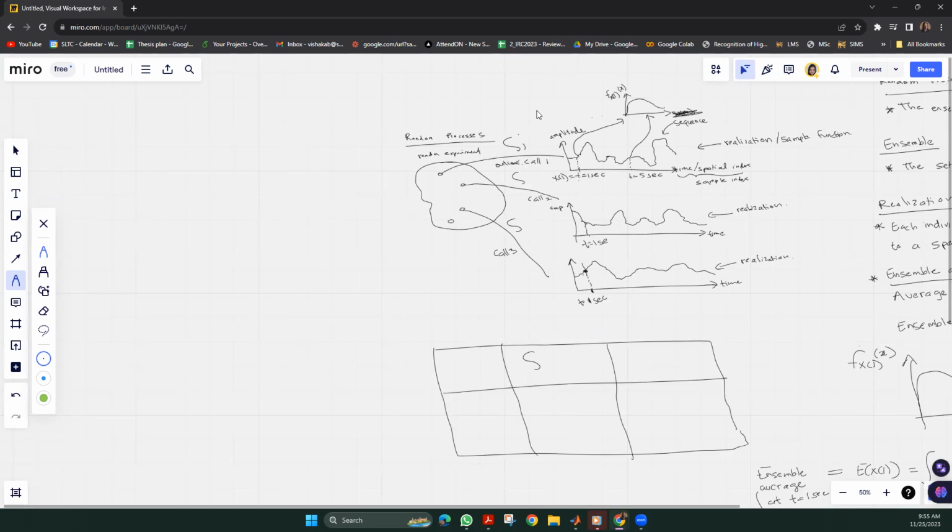The reason is this sequence that we obtain for each outcome will not only depend on time all the time. It can depend on the spatial coordinates, the spatial dimensions.